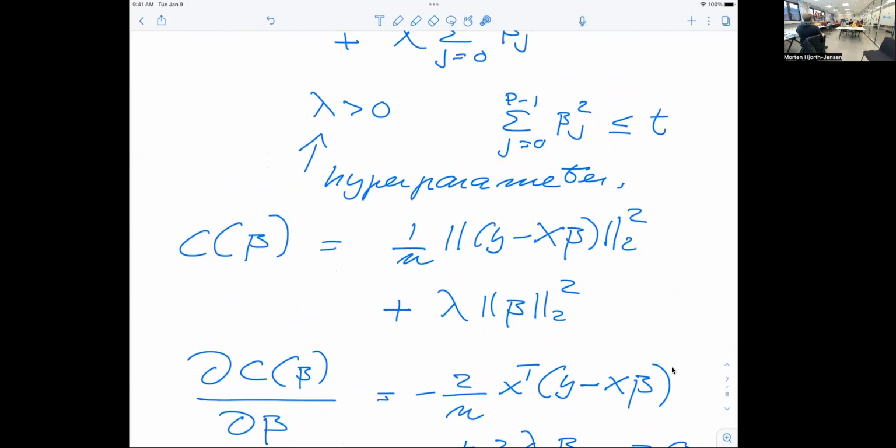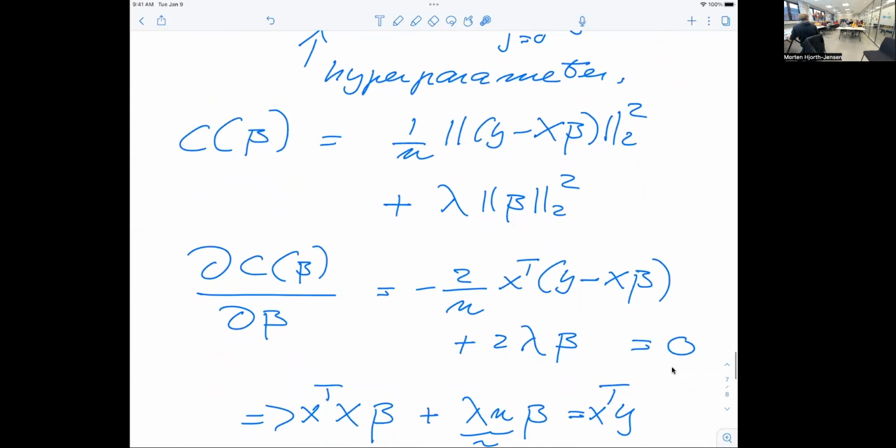So this is one way of looking at it. And it gives us a parameter by which we can tune the cost function so that we get a smaller mean square error than we have with ordinary least squares.